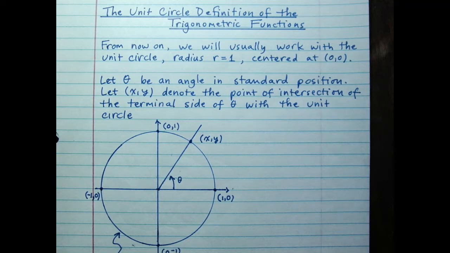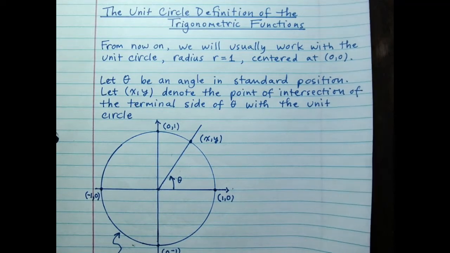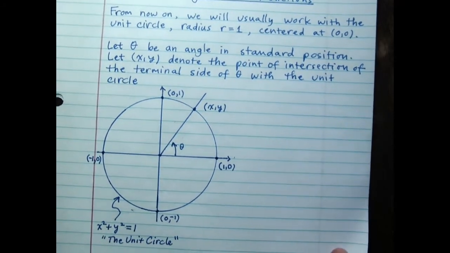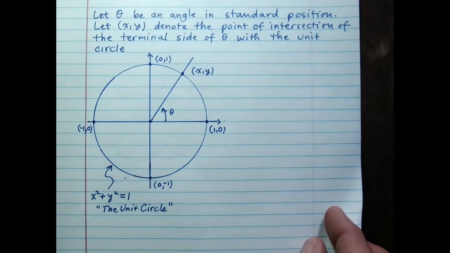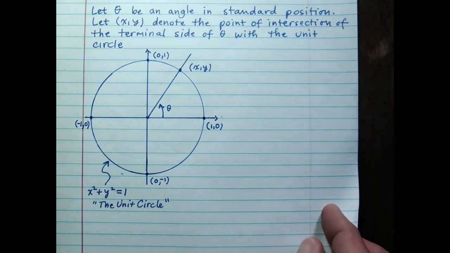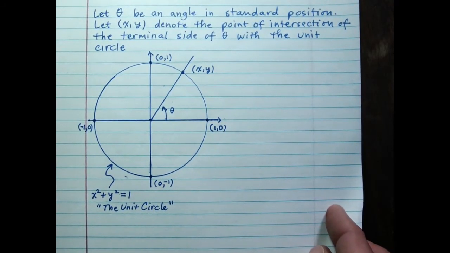From now on, we will usually work with a circle of radius 1 centered at 0, 0, and that's called the unit circle. Let theta be an angle in standard position. Let x, y denote the point of intersection of the terminal side of theta with the unit circle.